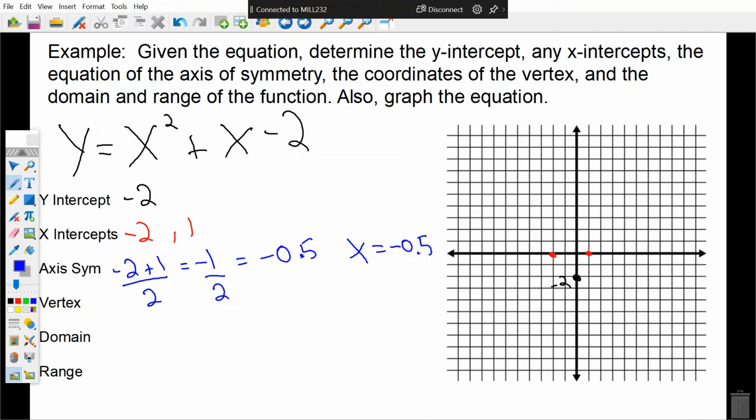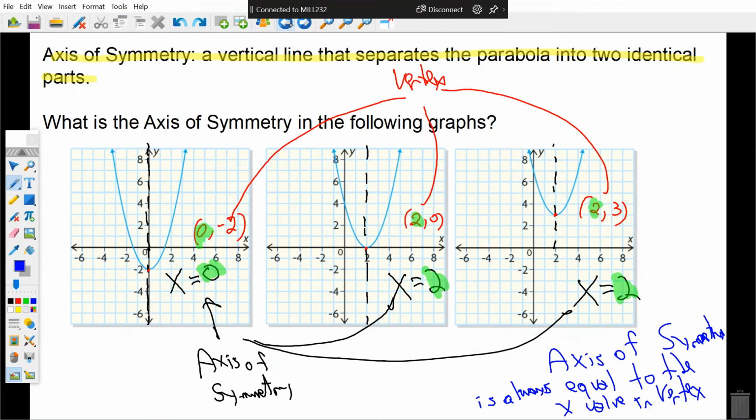Now, once we know what the axis of symmetry is, that means we also know what the x value is in the vertex, right? Because if you remember, the axis of symmetry is always equal to the x value in the vertex.